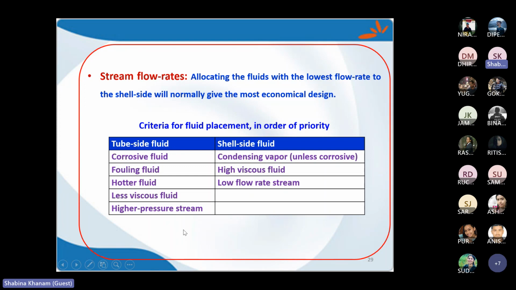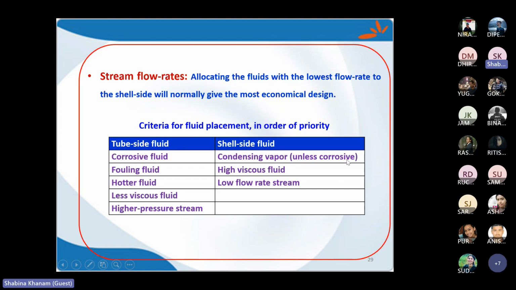Say one fluid is having higher fouling tendency, and another fluid is having higher pressure. I hope you are getting my point. Ideally both should be allocated to tube side, but priority we need to give to fouling fluid. So fouling fluid should be allocated to tube side, and high pressure fluid should be allocated to shell side. In that way you need to consider this priority table.